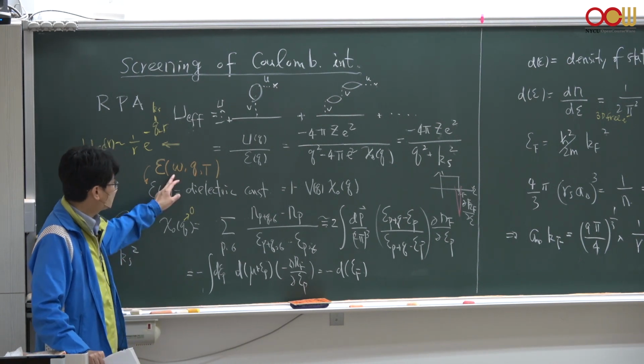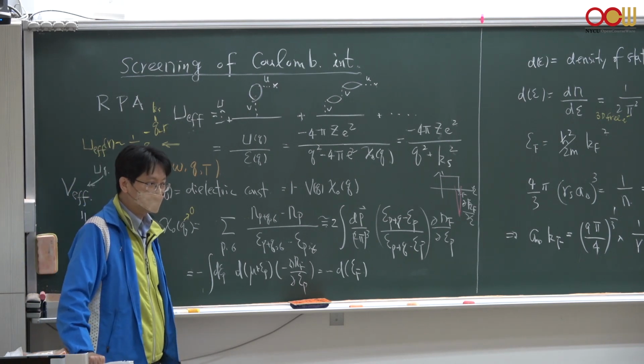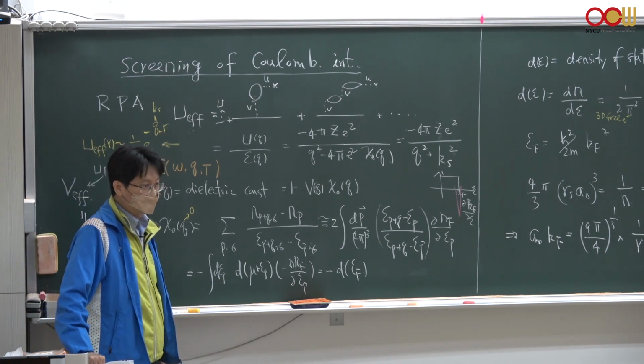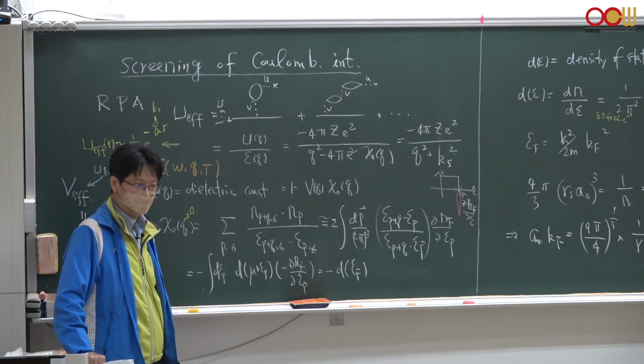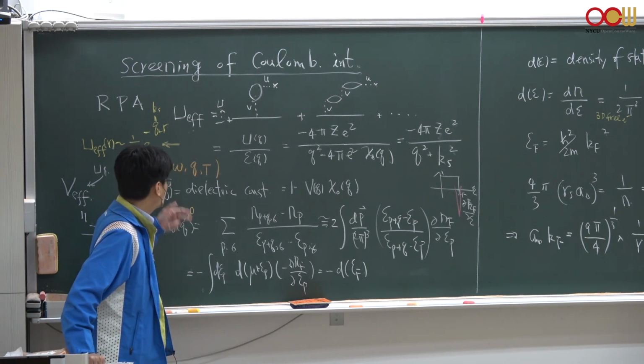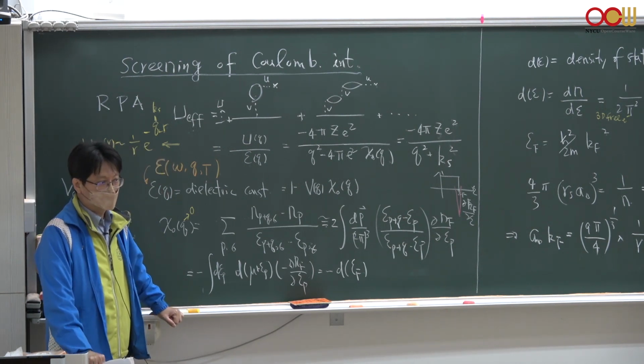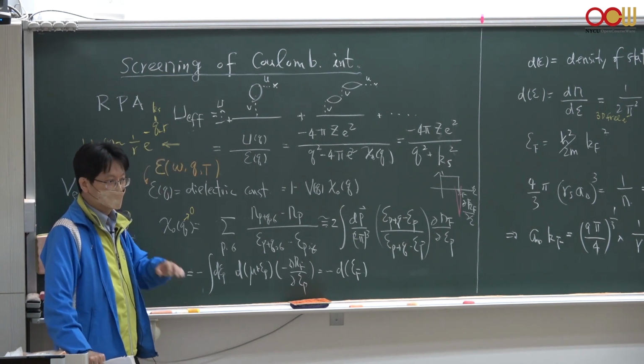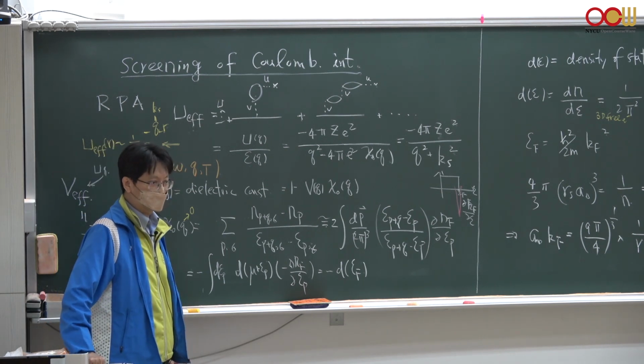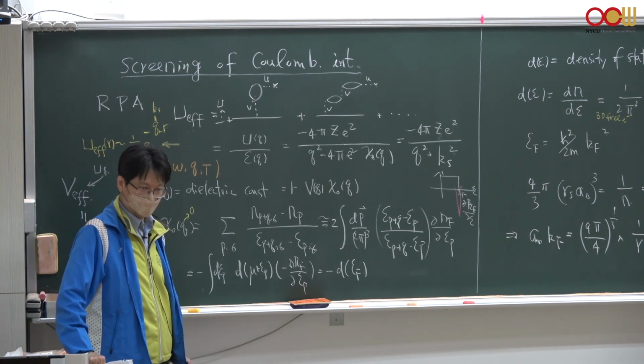This omega is tightly linked to the plasma oscillation frequency, right? So it's called a dynamical dielectric function. This will become the topic of another solid state class.